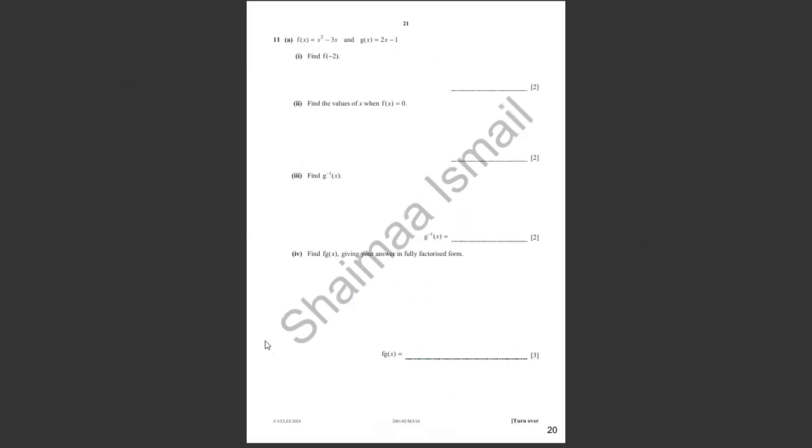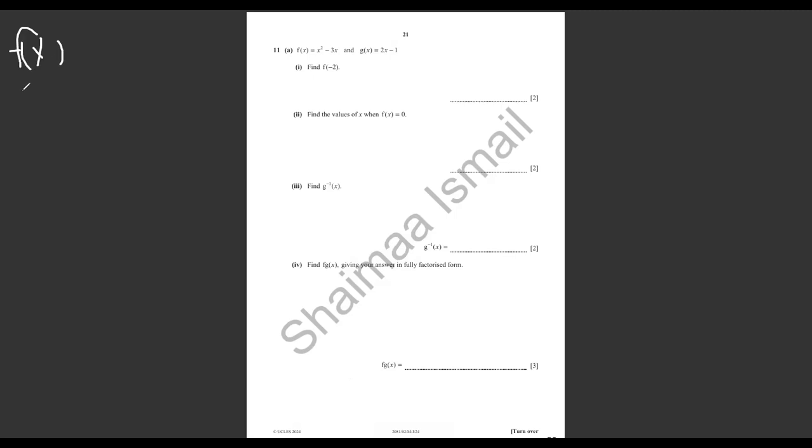Number 11, functions. f of x equals x squared minus 3x and g of x equals 2x minus 1. Find f of negative 2, which is very easy. We just take the x of f of x and put negative 2 instead of it. f of x is x squared minus 3x, so we put negative 2, multiplying by negative 3 and powered to 2.